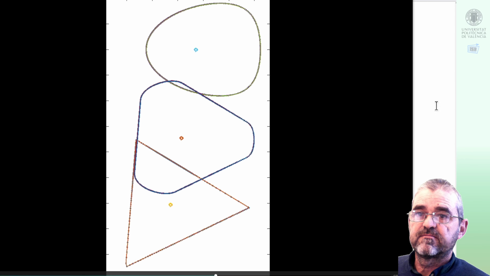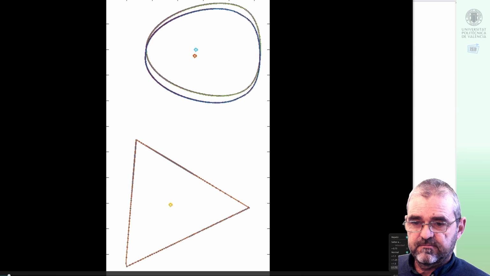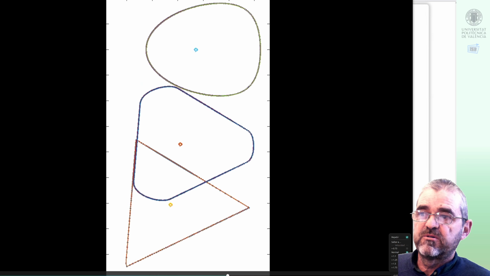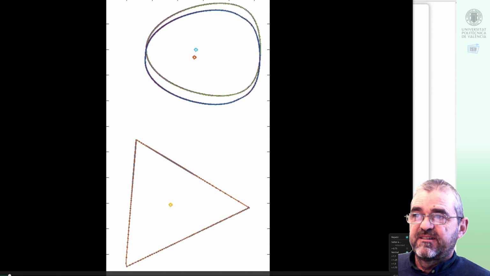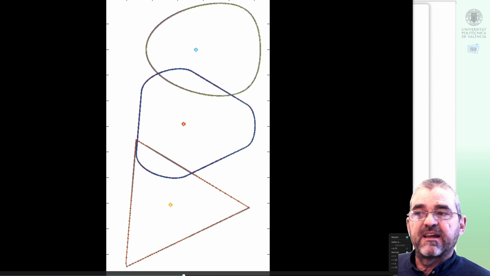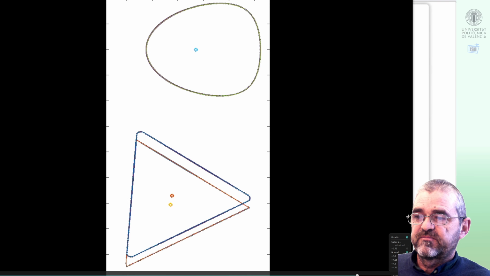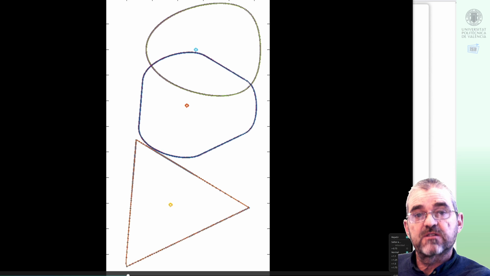Here we have it. So you can see how, as the interpolation coefficient evolves, we move from the egg to the triangle with this set interpolation concept.